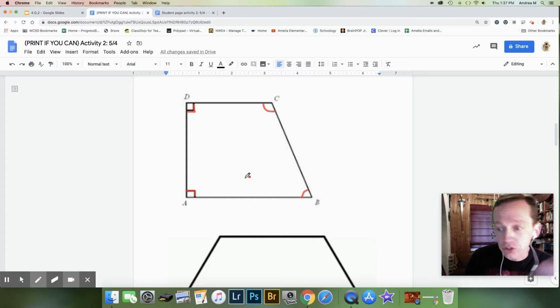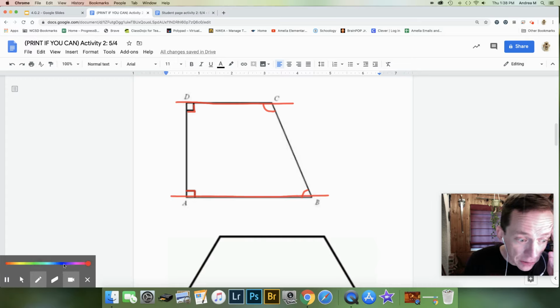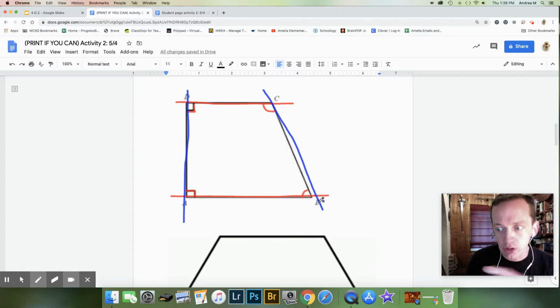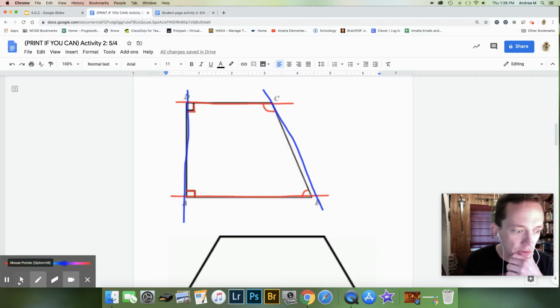So these angles are not the same as each other. These two are the same, but these are different, right? This side here, line segment DC, is parallel to AB. Let me change my color here. AD is not parallel. So there's only one pair, right? The red lines are parallel to each other. That's a pair of them right there.